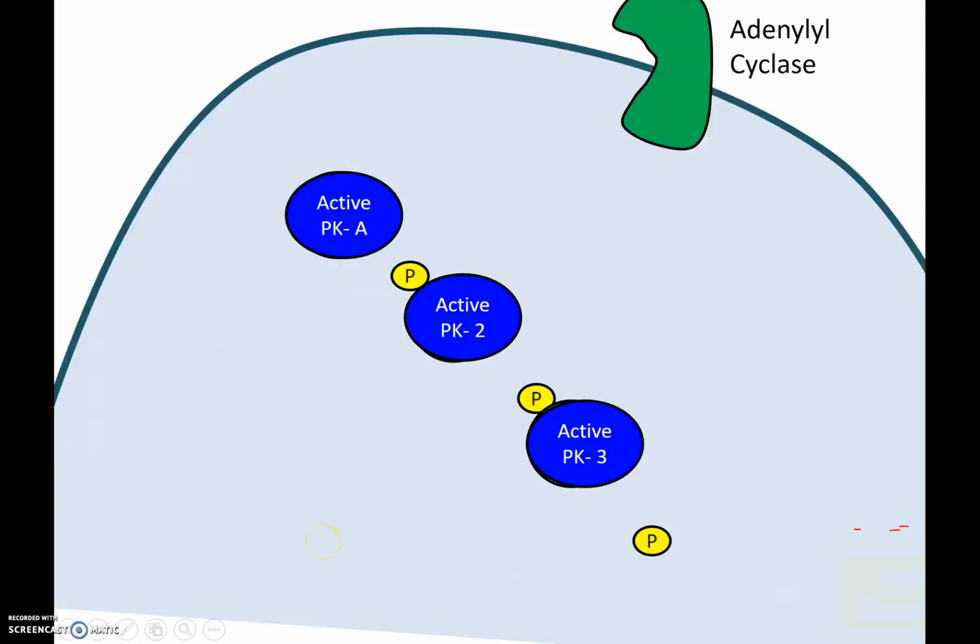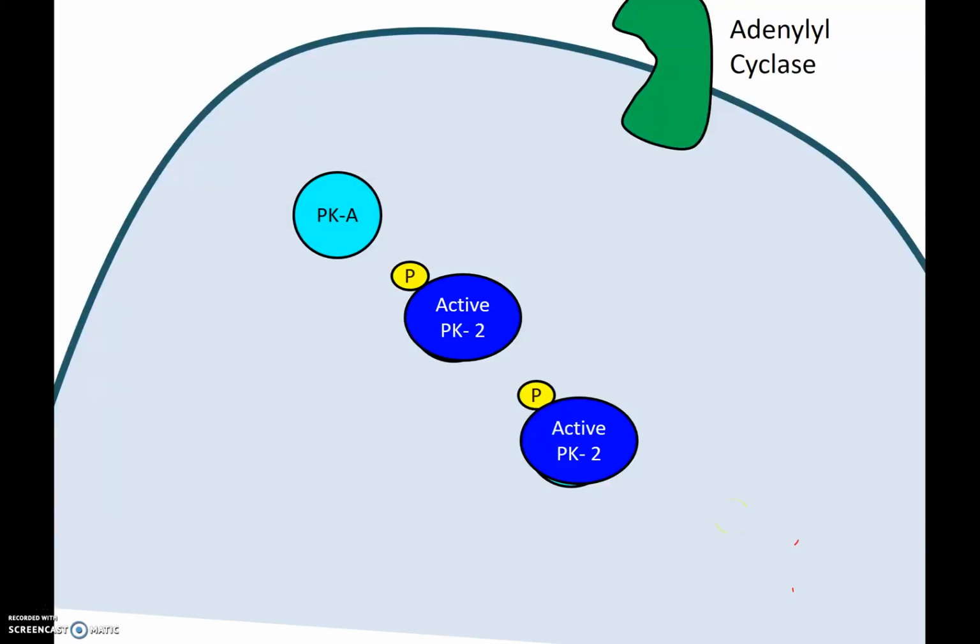Okay, so let's go ahead and look at how do we undo this? This phosphorylation cascade doesn't stay active. So the first protein kinase goes back to its inactive form. And now to undo what happened, we have an enzyme called a protein phosphatase.